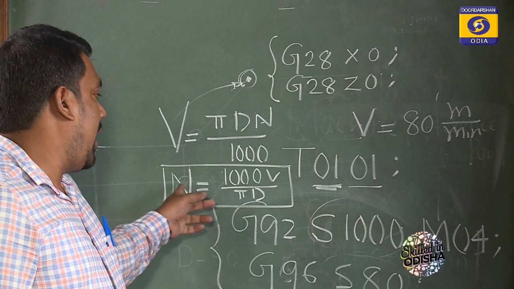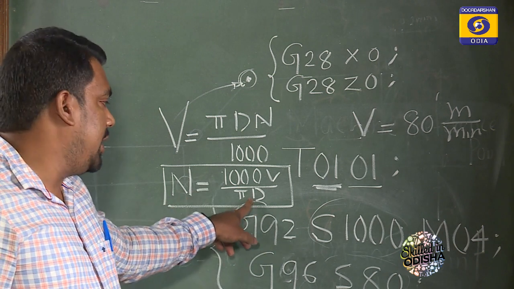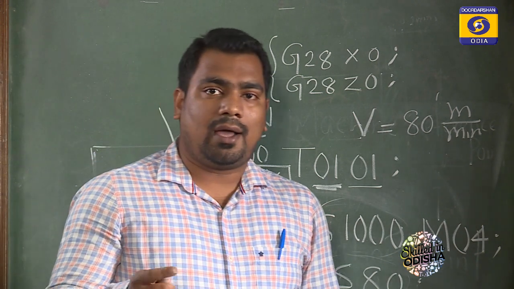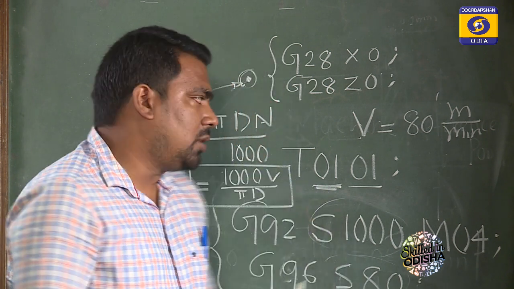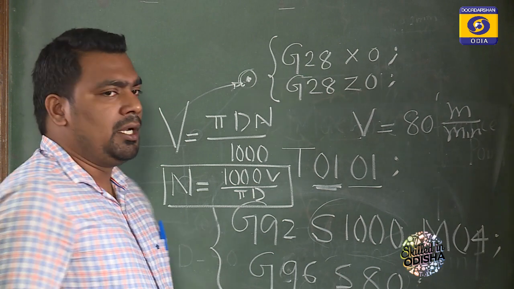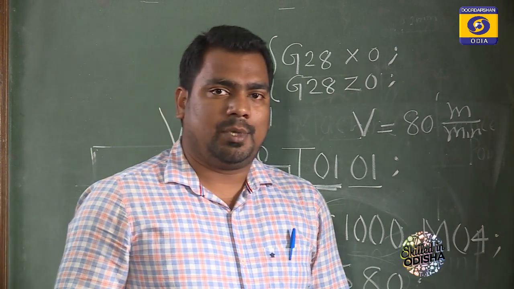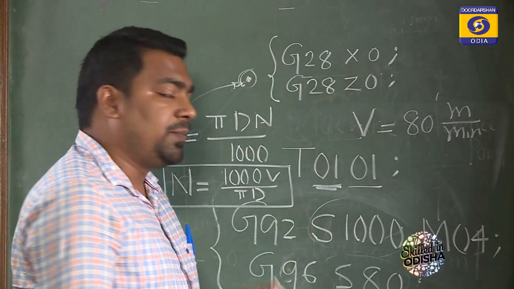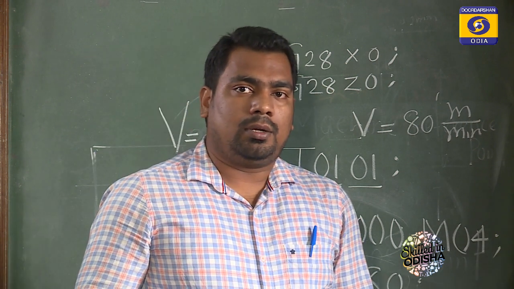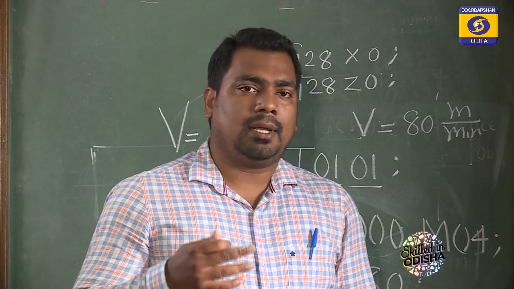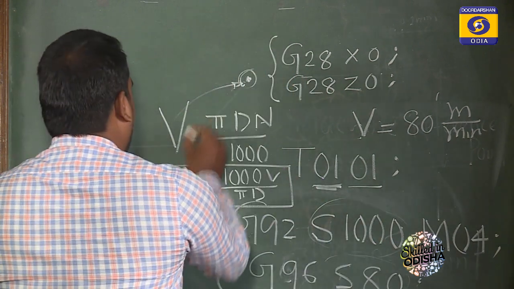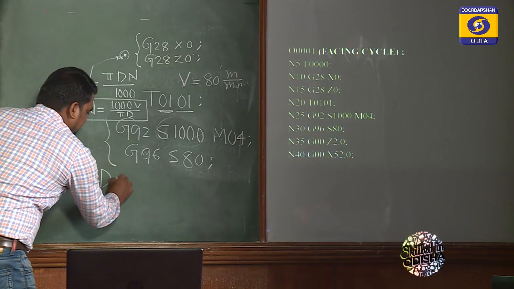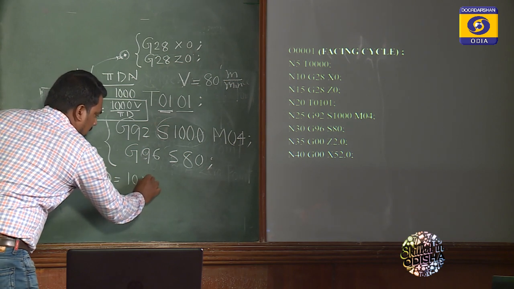We can see n is inversely proportional to d. That means if my dia reduces, spindle speed increases. Suppose my dia reduces up to such a dimension that my spindle speed increases up to a limit. Suppose I have to maintain a dia of 10 mm.